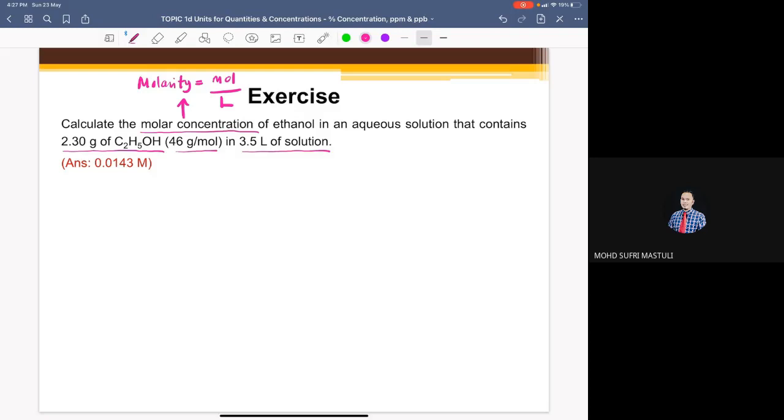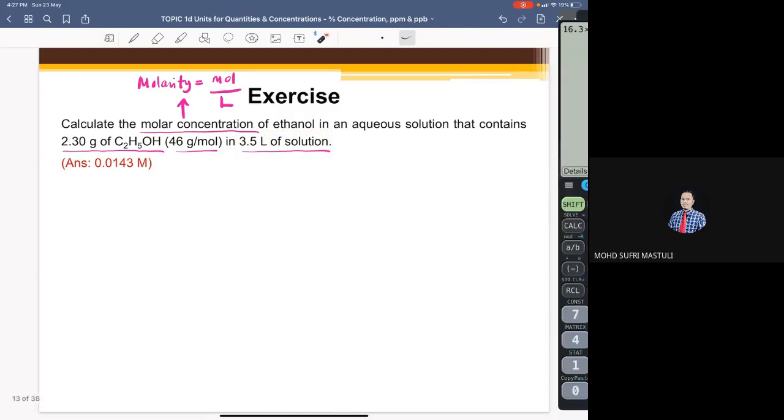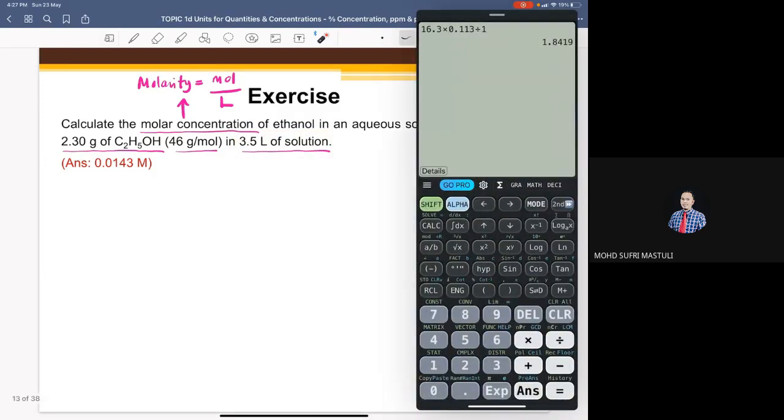Okay, so you have to calculate the mole of the ethanol from the mass of ethanol and the molar mass of the ethanol, and then you divide it by the volume of the solution to get the molarity.